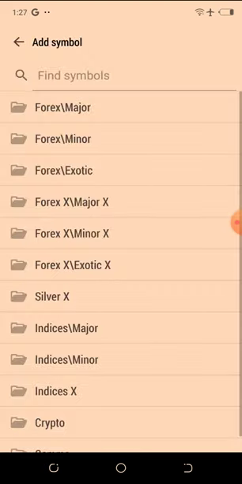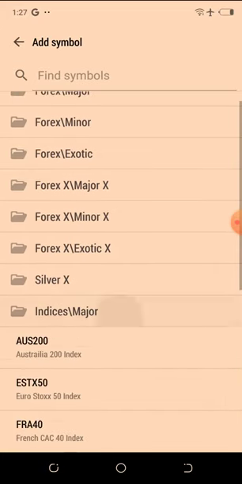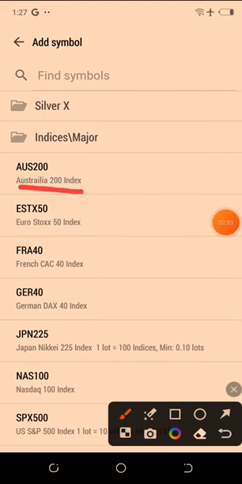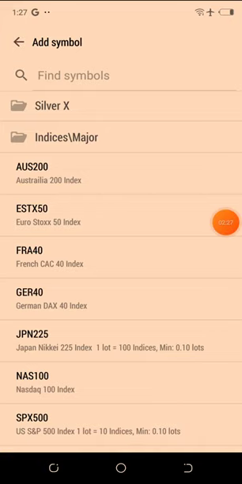You also see some other things. Look at this. This is AUS 200, which is Australian 200, and Euro Stock 50 index. This Australia 200 is comprised of 200 stocks from Australia, Germany 40 is 40 stocks from Germany.